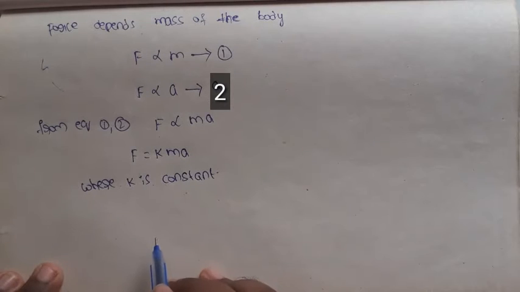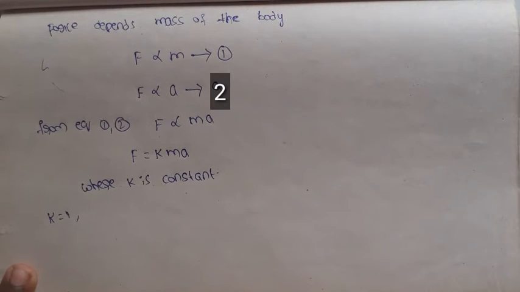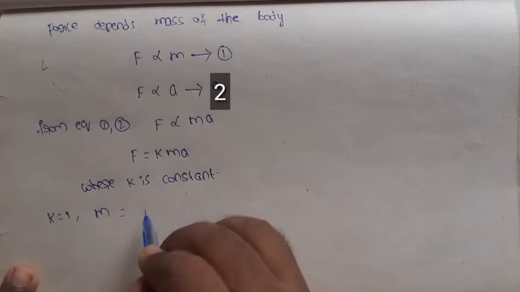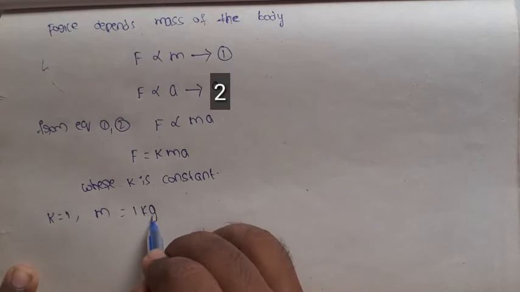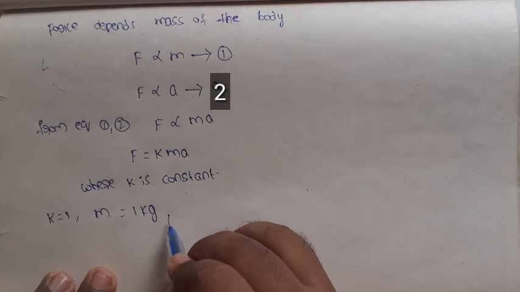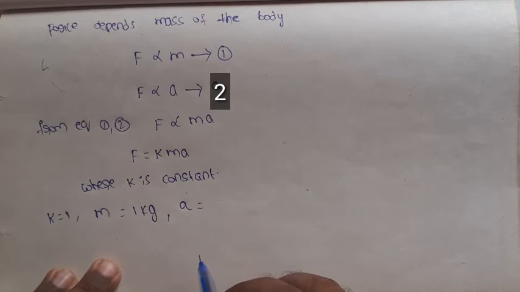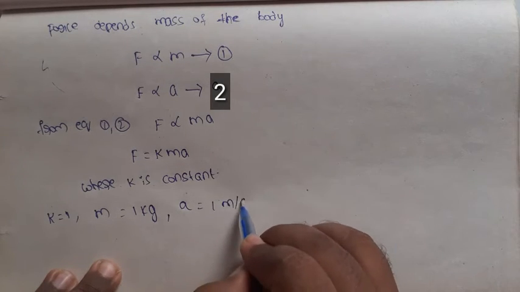If suppose the value of k equals 1, m equals mass, I am taking a 1 kg object, it develops an acceleration of 1 meter per second squared.